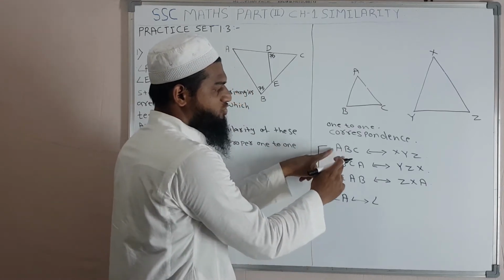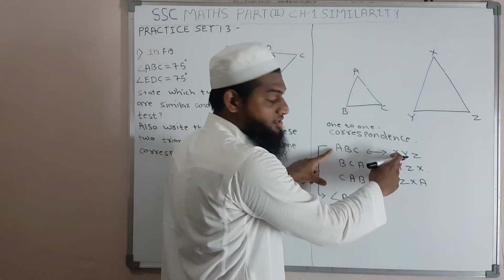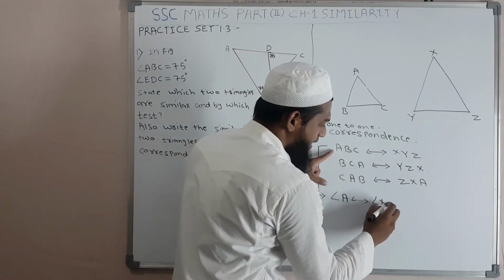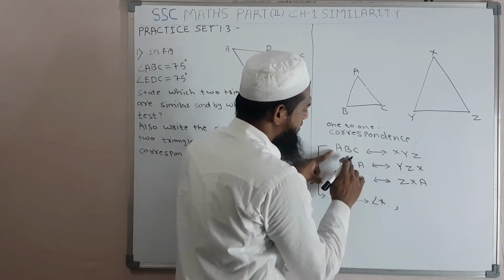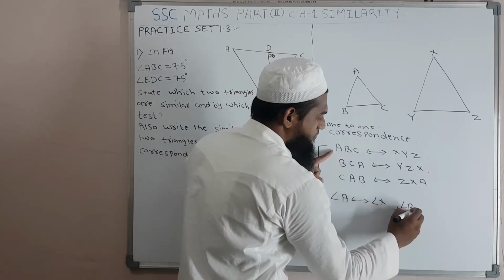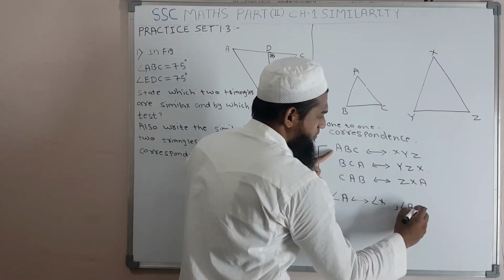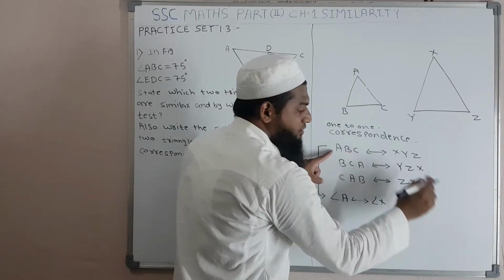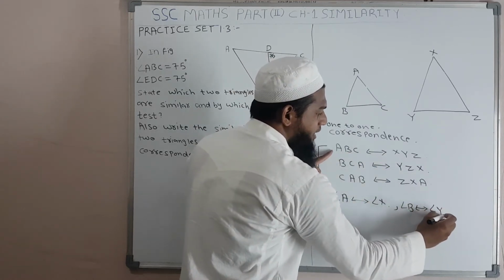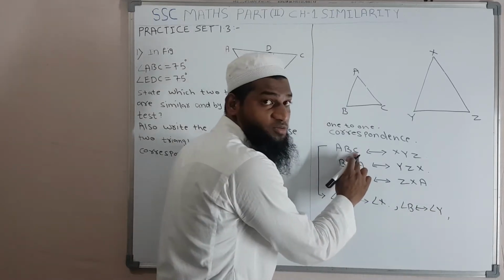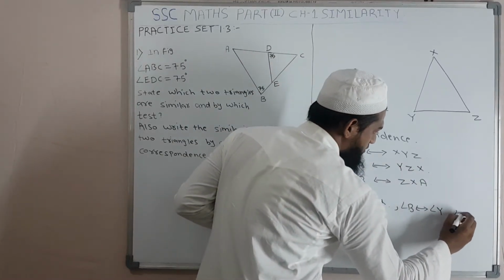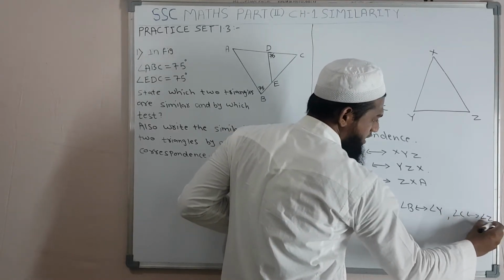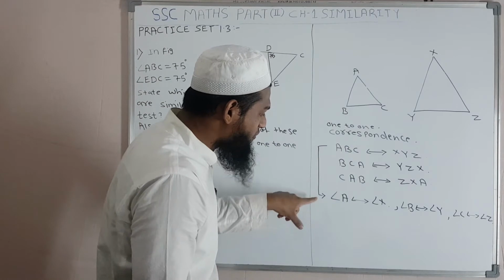Angle A corresponds to angle X. First angle corresponds to first angle, X, comma, angle B corresponds to the middle one, angle Y, comma, angle C corresponds to angle Z. This is all about the first.